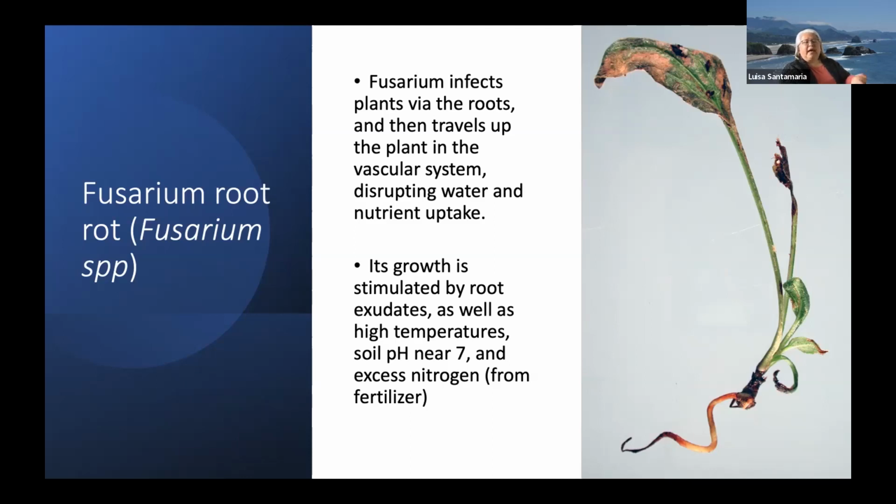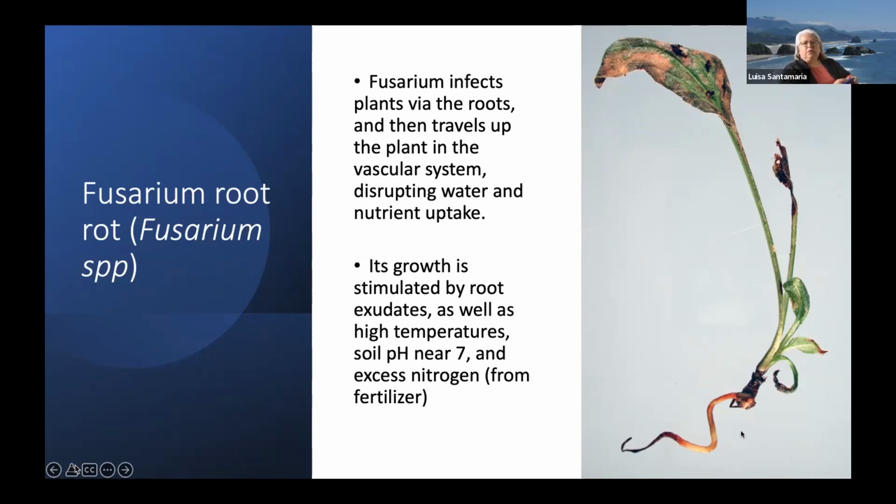The reason we mention this pathogen in this list is because it infects plants through the roots and then goes through the whole plant. You can see here this poor plant doesn't have any roots and starts to rot.